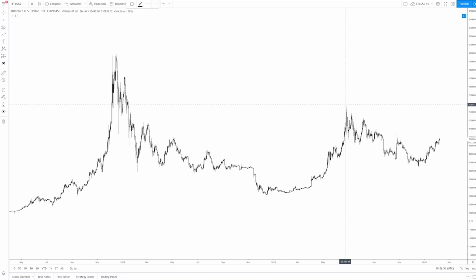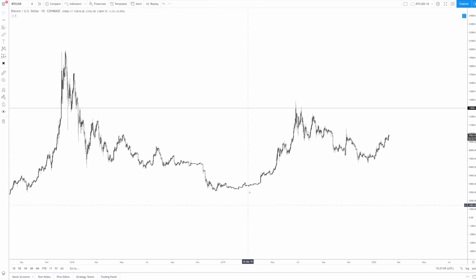So we can see that we have a high point right here, a high point right here, and a high point right here. So if I mark this out, I just have the top of my range of a very large time period. Now if I go to the bottom, I can see that I have a low point right here, a low point right here, and a low point right here.